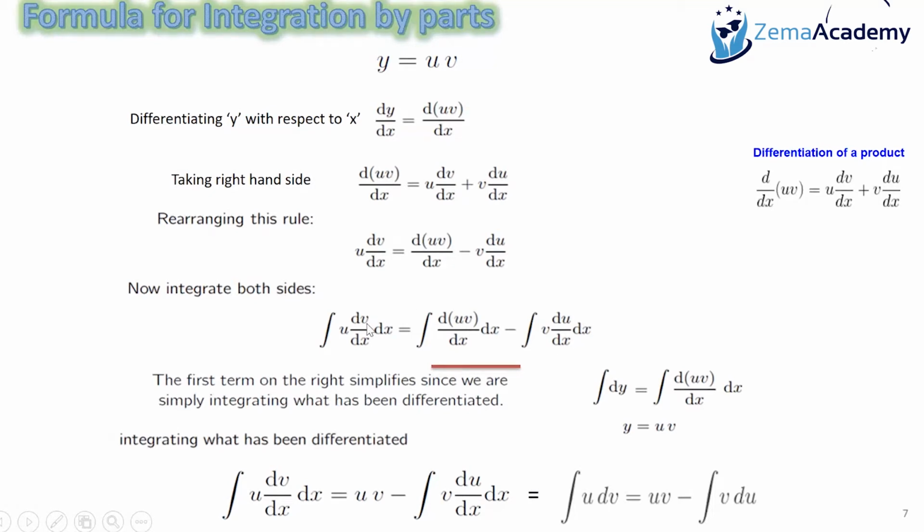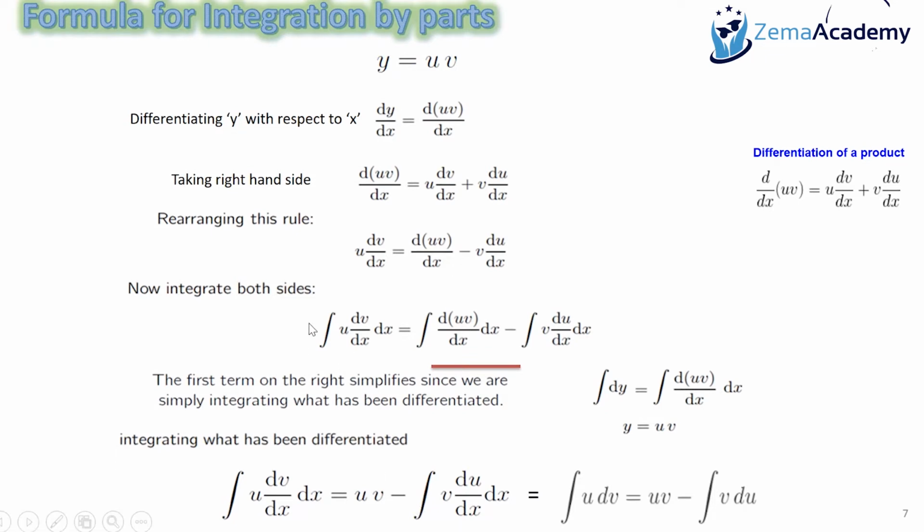Now coming back and looking at all the three terms, you can see that the first term on the right hand side simplifies, because if you remember, this dx and dx cancel out, and what is left is uv. So this d(uv) can be replaced by y. Okay? So when you replace this by y, this whole term is representing dy.